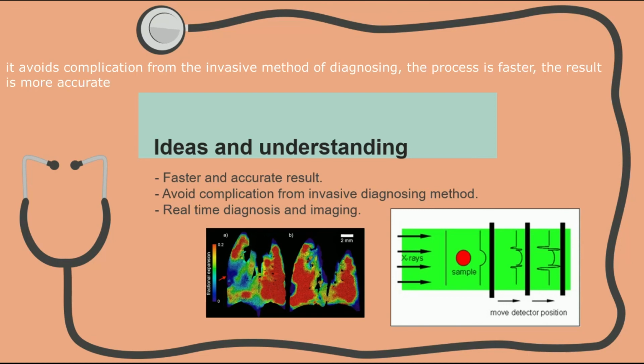It avoids complications from the invasive methods of diagnosing, and the process is faster, the result is more accurate, and we have a clear image of the condition that makes it easier to diagnose.